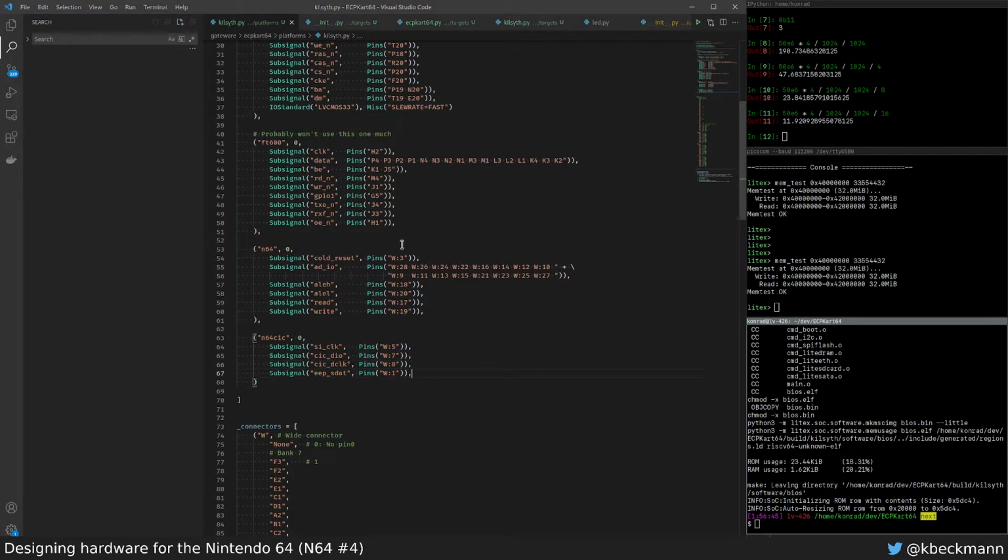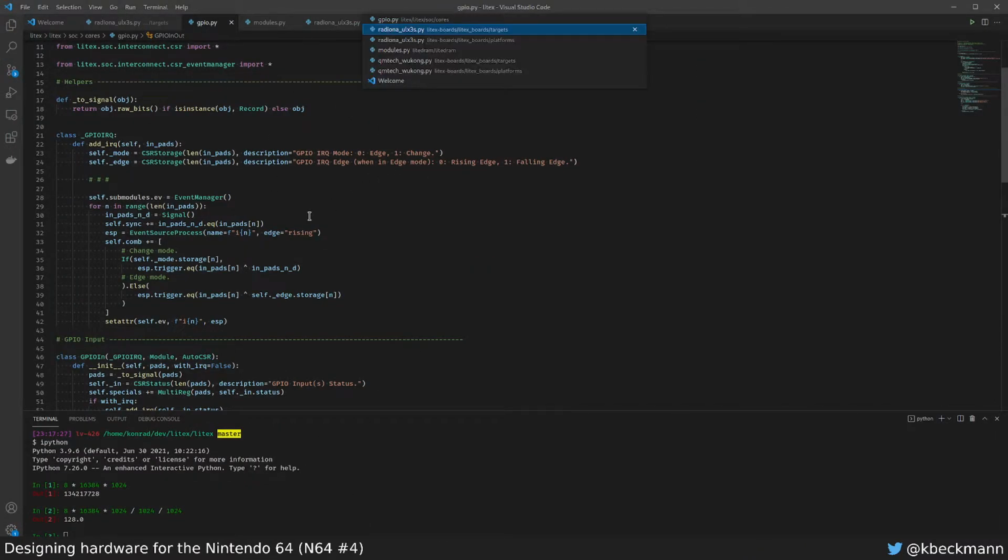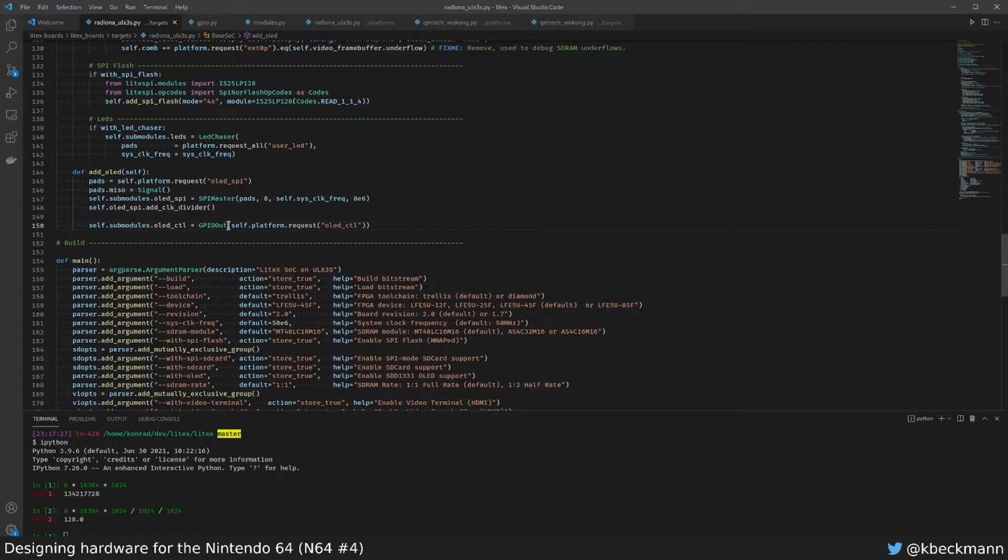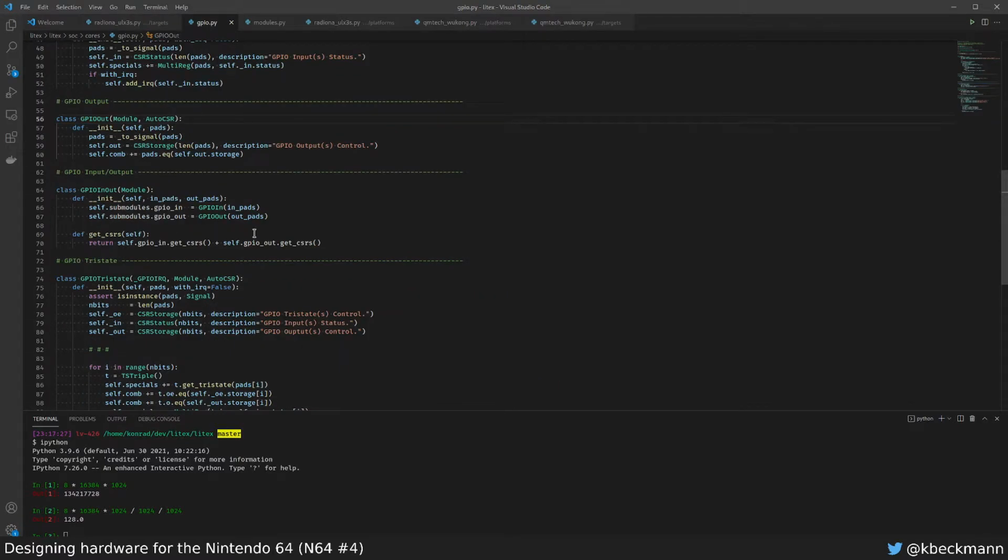So in order to expose them as GPIOs, we need to do this stuff. So I think you need to do one GPIO per pad. No, you can actually do multiple pads. Okay, that's cool.